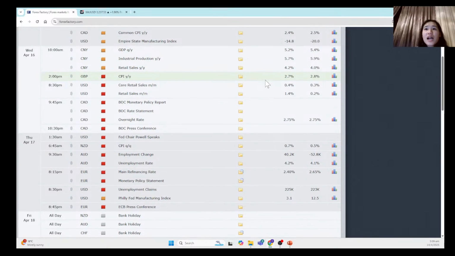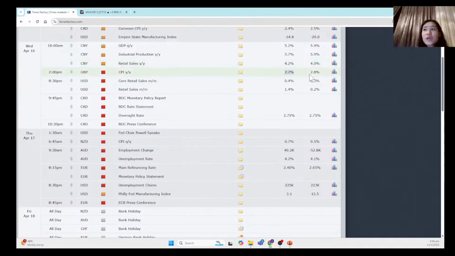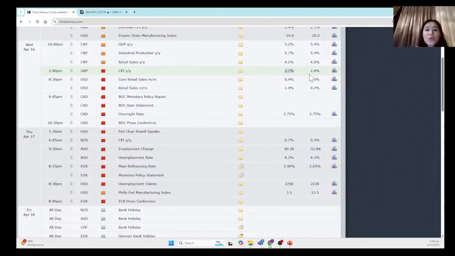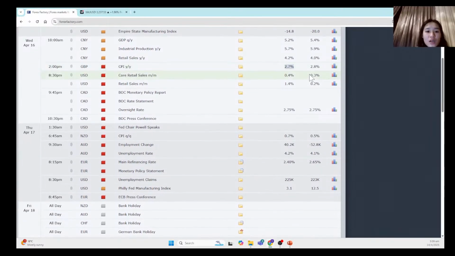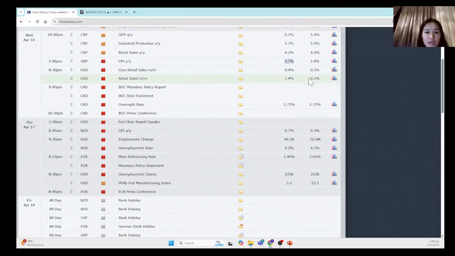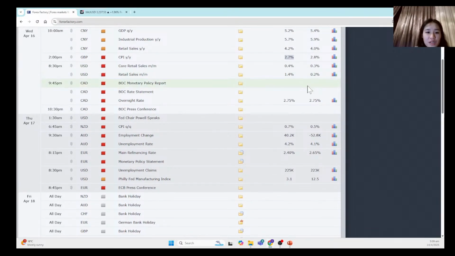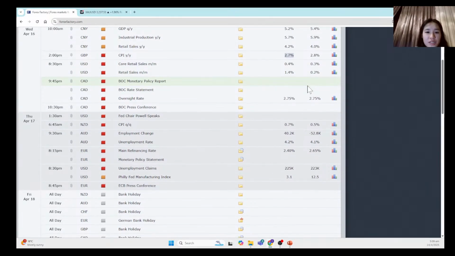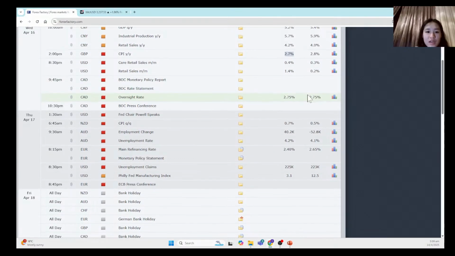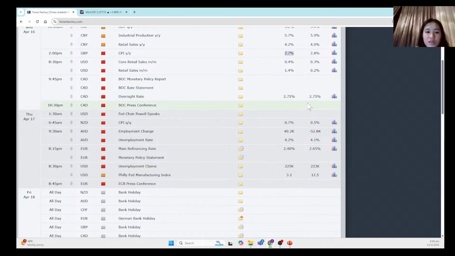UK's CPI expected to drop slightly to 2.7%. We also have US core retail sales data, Canadian monetary policy report, rate statement, overnight rate, and press conference.